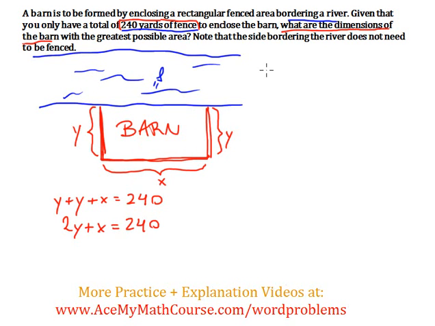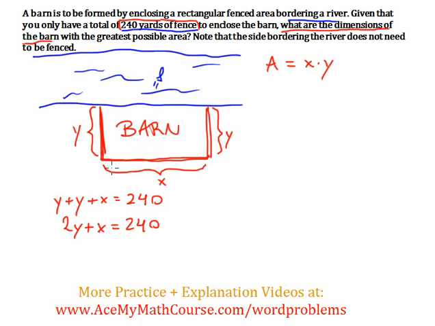And now note that the area of the barn, because it's rectangular, is just going to be length times width, which in this case is just X times Y. Note that a big common mistake is to multiply it by 2Y, but remember that the area of a rectangle is just length times width.